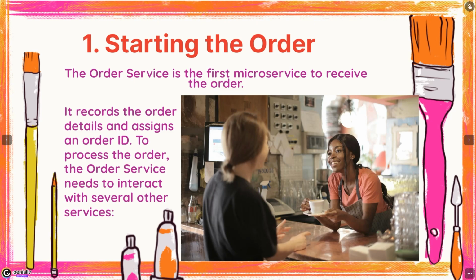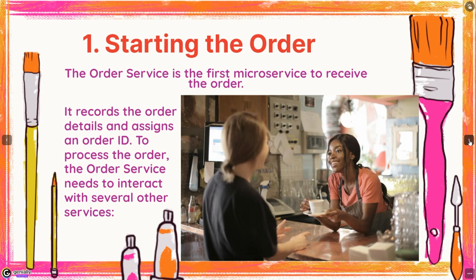Alice's order initiates a chain of events across multiple microservices. The order service is the first microservice to receive the order. It records the order details and assigns an order ID. To process the order, the order service needs to interact with several other services. So, the order service receives Alice's order and starts the process.